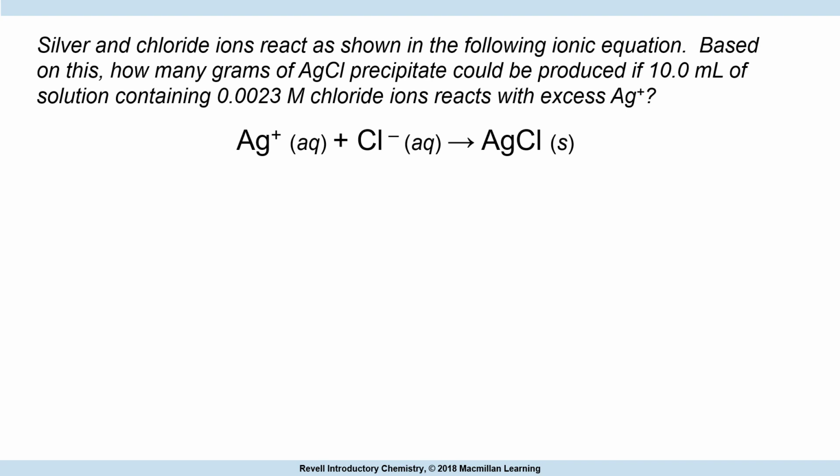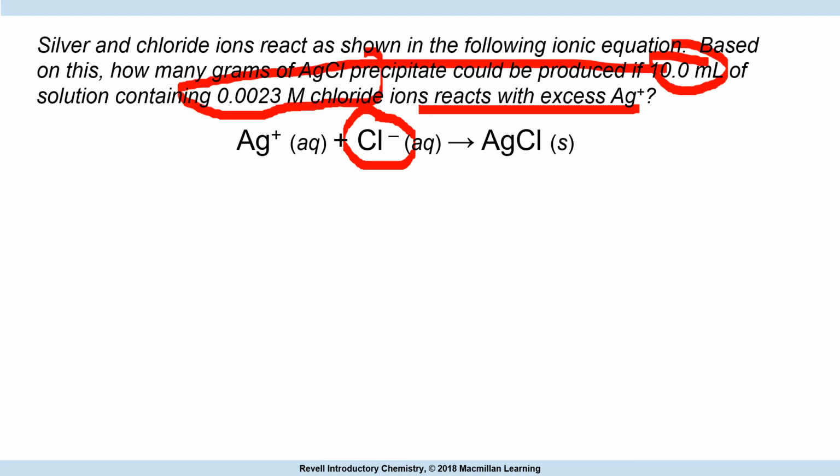Okay, so this excess means we don't have to consider it, we have plenty of this. We're really just concerned with the amount we're given of this, and we're going to figure out exactly how many moles of that by using this information. So we have the molarity of the chloride, and we have the volume of it. Molarity, remember, is moles per volume.